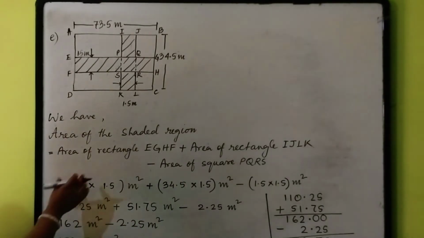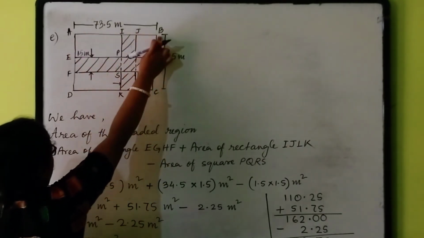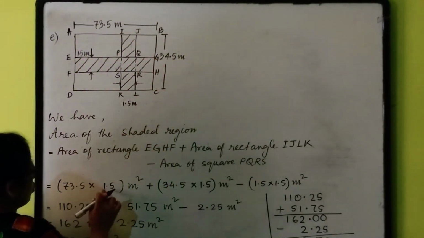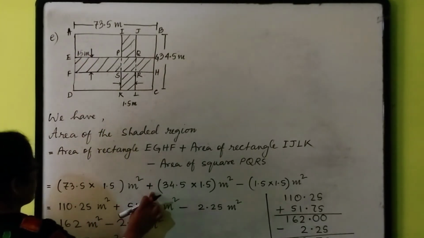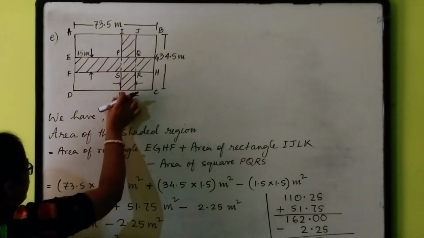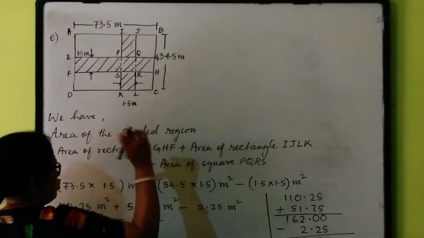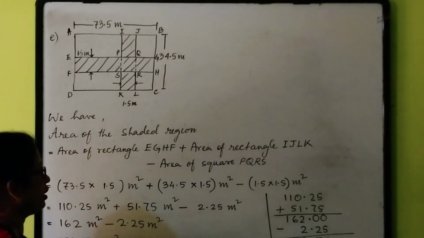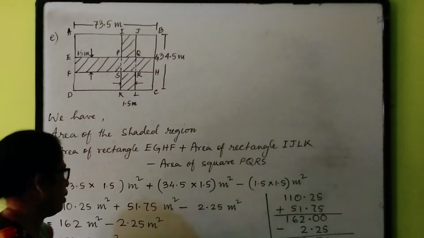Clear? Now the area of this rectangle: this length is 73.5 and this breadth is 1.5, so 73.5 into 1.5 square meter, plus this length 34.5 into breadth 1.5. Minus this square, side into side, so 1.5 into 1.5 square meter.